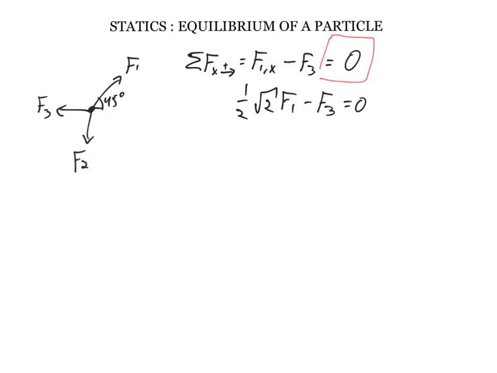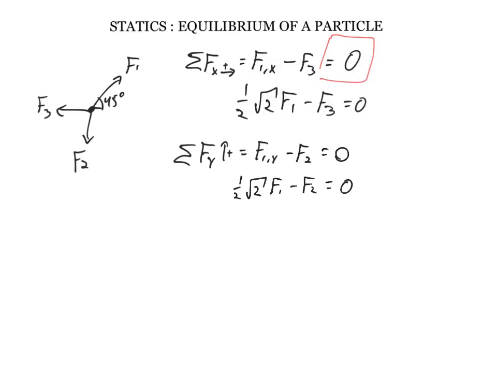The same equation we can write for the sum of forces in y direction, with upward being positive: the contribution of force 1 in y direction minus F2, which acts in negative y direction, is equal to 0. And again, F1 in y direction was equal to half square root 2 F1, minus F2 is 0. So these are our two equilibrium equations.